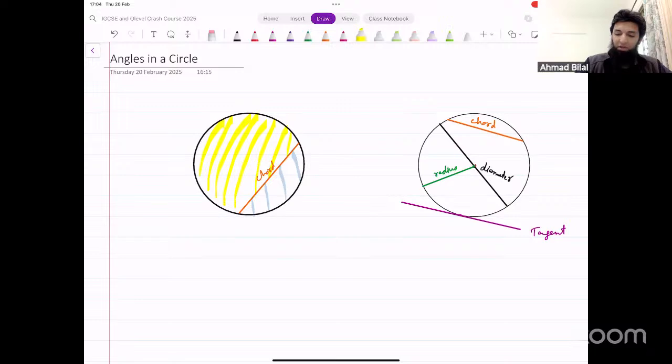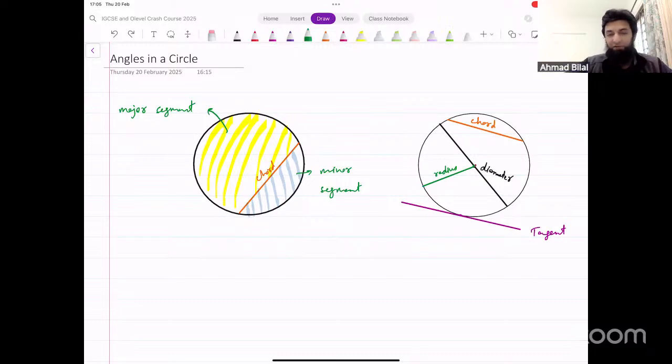One in yellow and the other in blue. These regions are called segments. The bigger one, we call this the major segment. And the smaller one here, we call this the minor segment. But this name is important, segment. These are called segments in a circle.